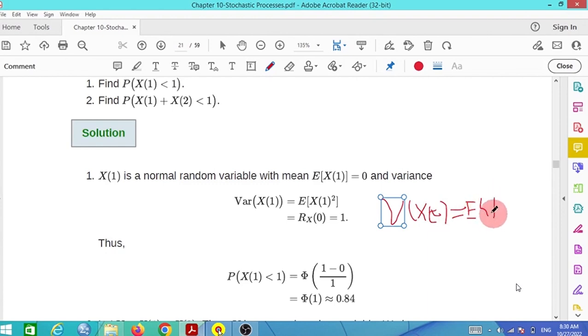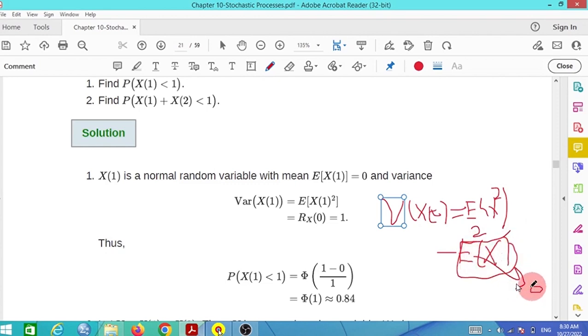of X squared minus the expected value of Xt, squared. This is 0, this is 0.